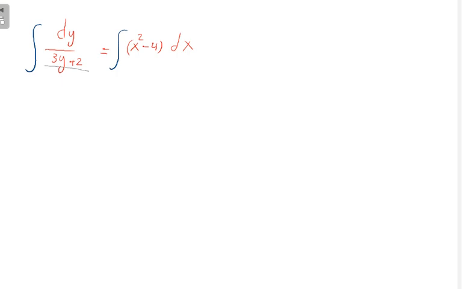Now in integration for this term, we will use the substitution method. So how? I will assume a new term u equals 3y plus 2.